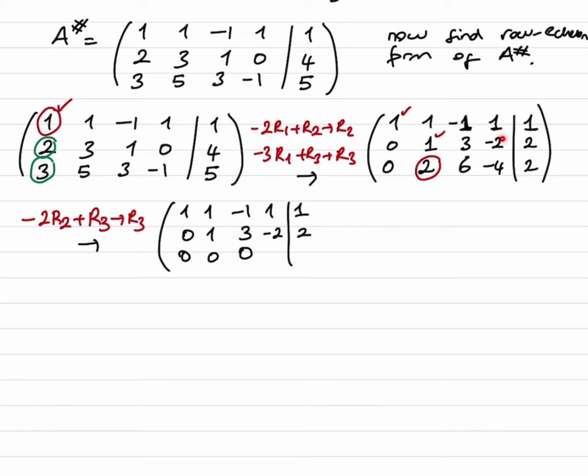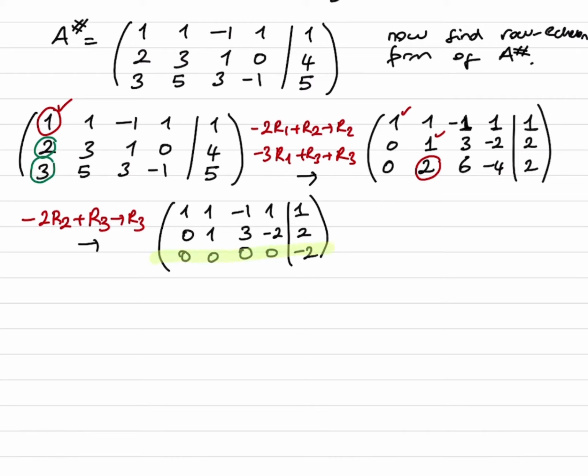Here we multiply by -2, plus 4, plus 4 minus 4, we have a 0 here. What about this part? -2 times 2, -4 plus 2. So we have -2 here, but we have something weird in this case, right?